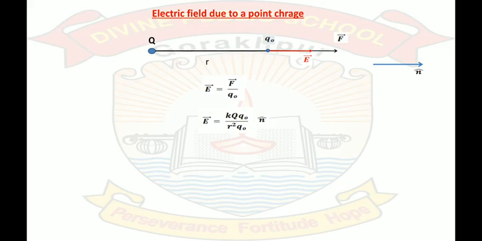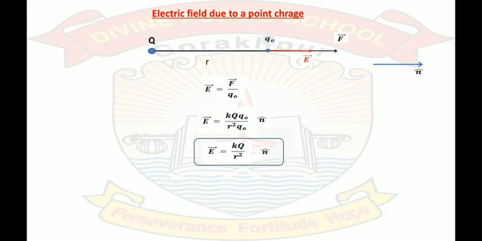Now Q naught will get cancelled, and E vector comes out to be KQ upon r square n cap. So this is the formula for the electric field due to a charge capital Q at a distance r from it. This is the electric field due to a point charge.